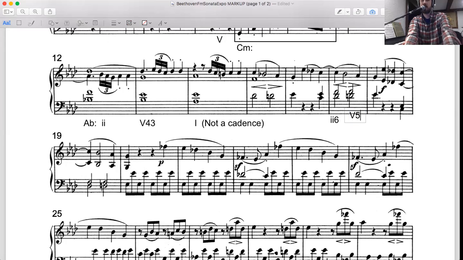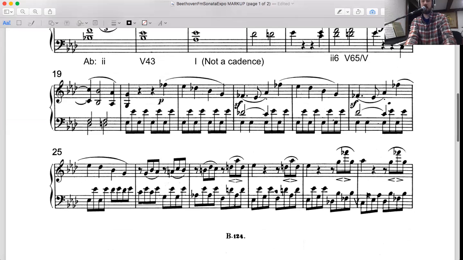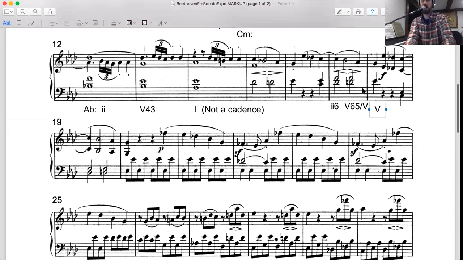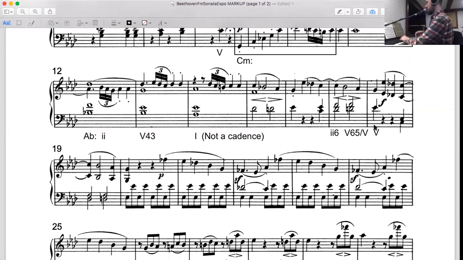So we got 5/6/5 of 5, and then 5, which means that when we finally finish out this group of 3 here, we end with our 1 chord, and then here's 2/6, 5/6 of 5, 2/6, 5/6 of 5, 2/6, 5/6/5 of 5.